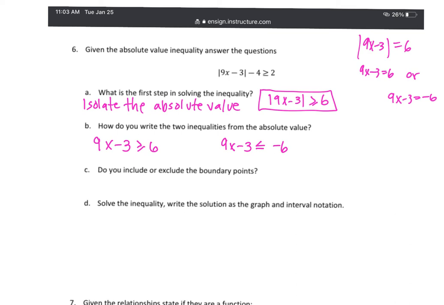So it's always the same sign for the positive, a flipped sign for the negative. That's exactly how you write those two inequalities: keep the same sign for positive, flip the sign for negative.